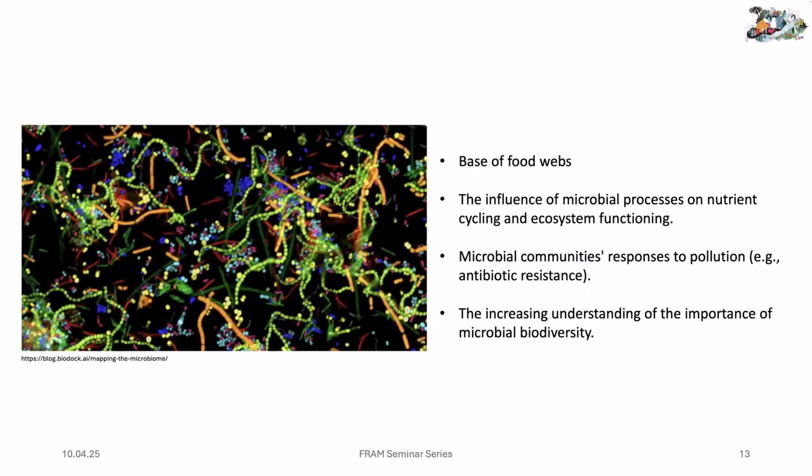This group of organisms is quite relevant since they are the base of food webs. They are also quite relevant from a biochemical perspective in the nutrient cycle. They are also important from a pollution perspective, since exposure to antibiotics has sped up antibiotic resistance in the environment. And ultimately, there are still biodiversity gaps regarding their potential use in biotechnology, remediation, and so on.